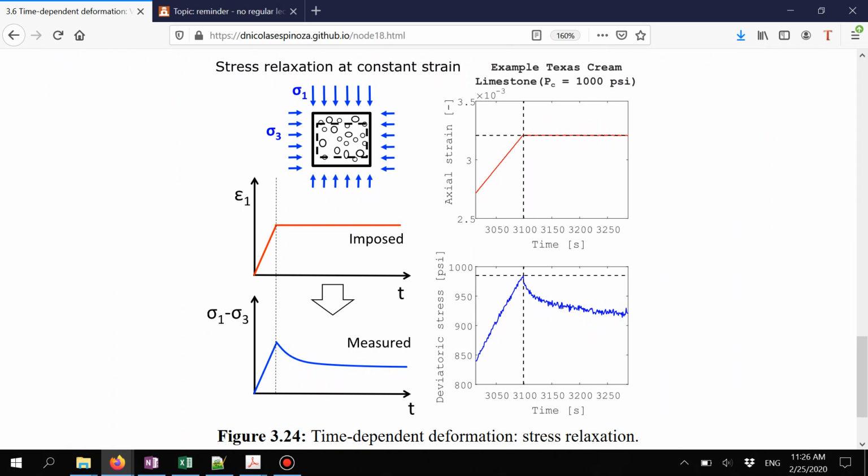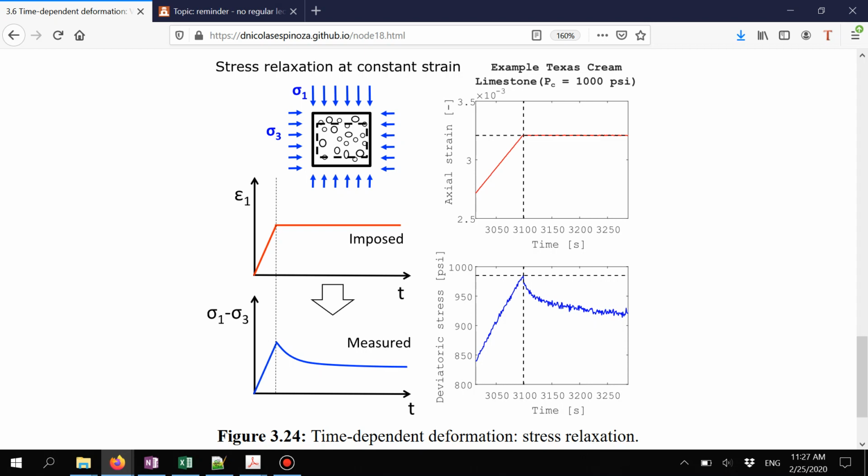Some small cracks may propagate within the rock, and because of that, the material will get softer and it's not going to be able to resist that high stress all the time, and that's going to decrease with time. And this phenomenon of decreased stress with an applied strain is what is called stress relaxation.